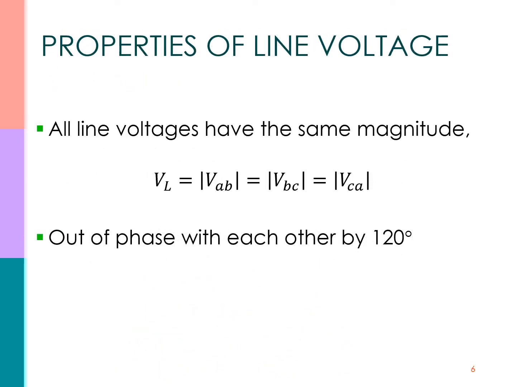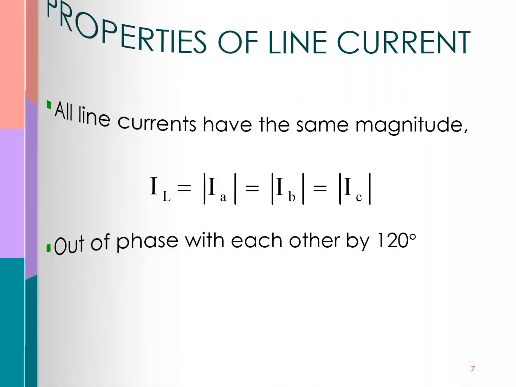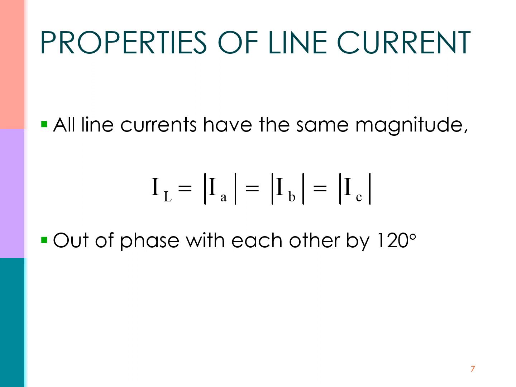Same as phase voltage and phase current, line voltage also has the same magnitude, which is VAB equal to VBC equal to VCA, and out of phase with each other by 120 degrees. Line currents also have the same magnitude but are out of phase with each other by 120 degrees.